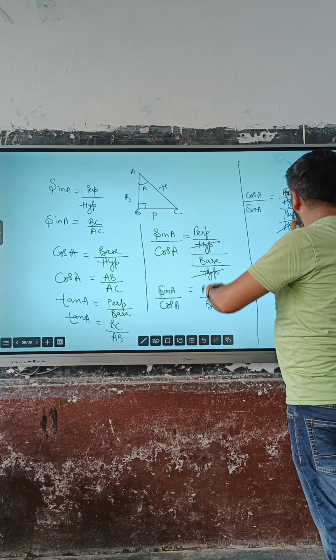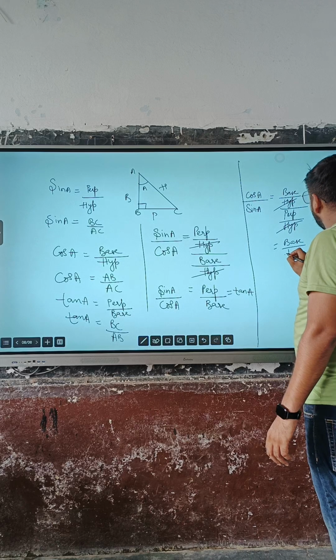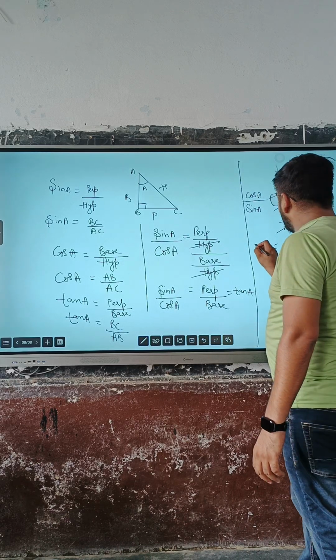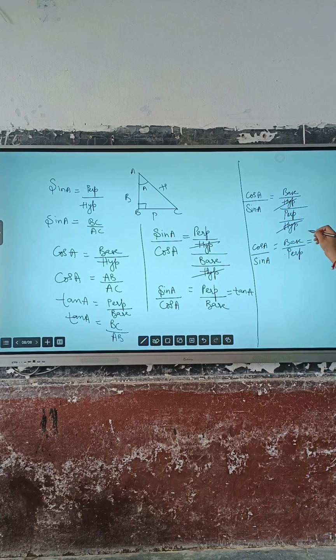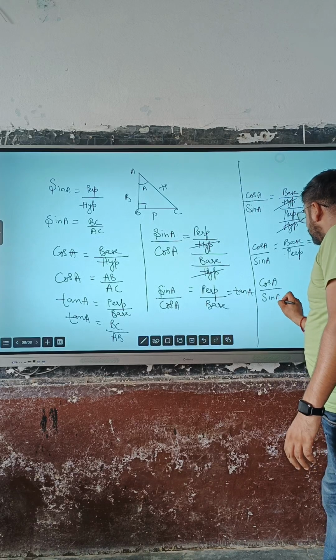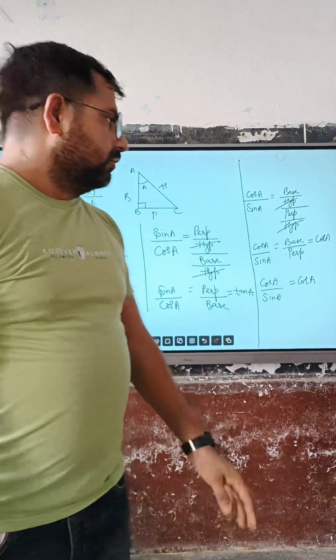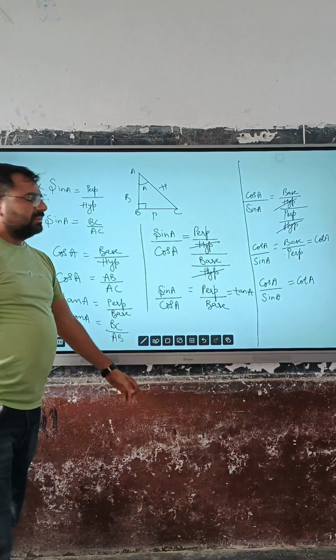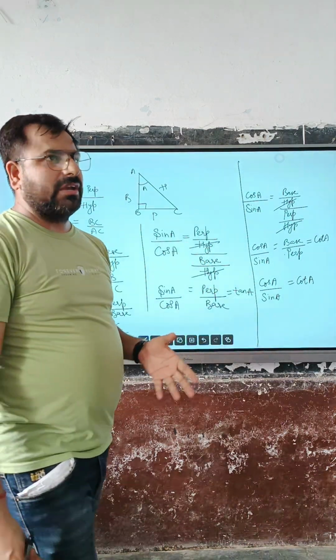Hypotenuse divided by hypotenuse cancels, so that is base upon perpendicular, cos over sin. Base upon perpendicular is cot of the angle according to the triangle. So the next result is cos divided by sin is equal to cot of angle A. This is the relationship between the sides of the triangle and trigonometry terms.